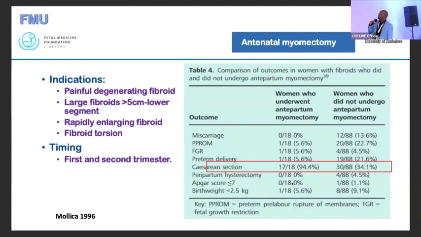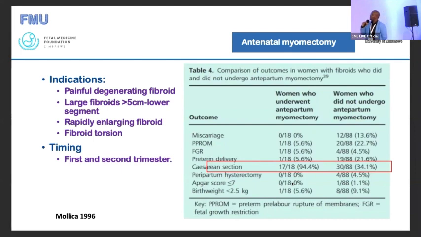And then this is a study by Molika in 1996, which was comparing the outcomes of women with fibroids who did not undergo myomectomy compared to those who had myomectomy. And you realize that, contrary to what we have been taught or what we have read in previous studies, this study is actually showing that there may be benefits in doing myomectomy even in the antenatal period.